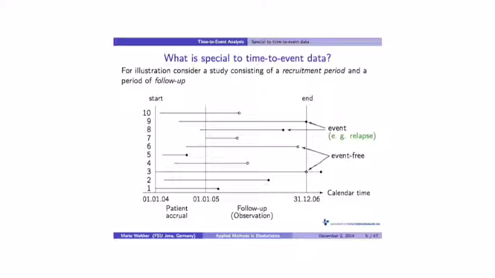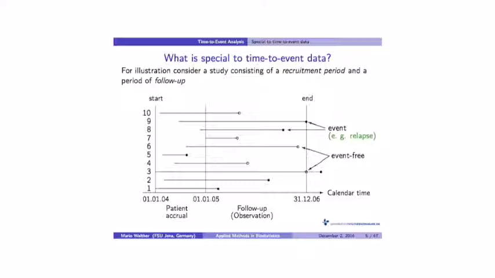The first patient went into the study at the beginning of the study, and then was followed up until the beginning of the year 2005. The second patient went into the study in the first quarter of the year 2004 and was observed until the end of 2005 and so on.